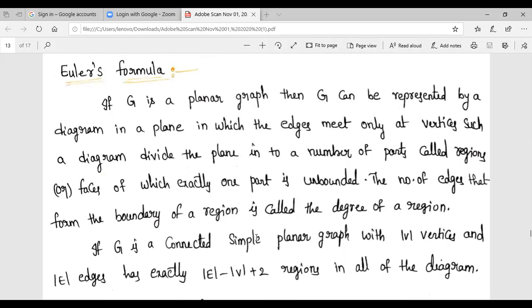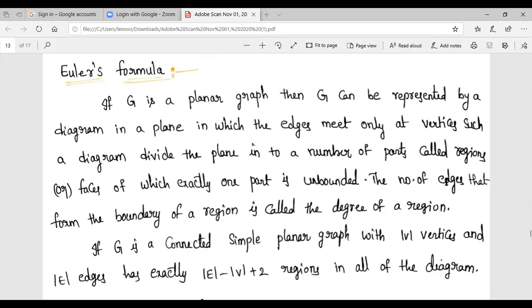Euler's formula. So if G is a planar graph, then G can be represented by a diagram in a plane in which the edges meet only at vertices. Such a diagram divides the plane into a number of parts called regions or faces, of which exactly one part is unbounded.